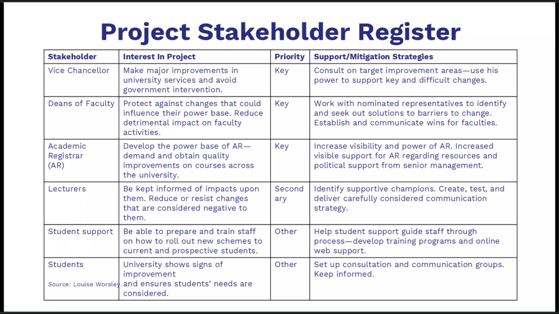How to adapt for healthcare information technology. Map roles to your context. Chief Information Officer, clinical leaders, privacy and security officers, department managers, frontline clinicians, registration and billing teams, patient support, vendors, and community partners. For each, capture interest, priority, and a tailored strategy.